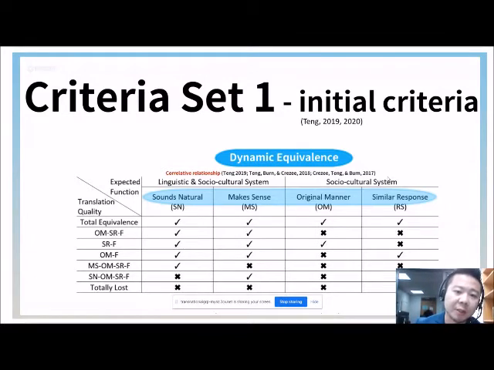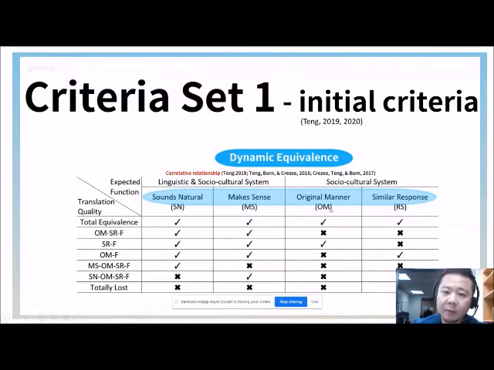The translation needs to sound natural. When we say a translation sounds natural, that means the translation sounds natural to the native speaker of the target language. And makes sense. When the translation makes sense, the reader can understand the messages delivered through the translation without difficulties.